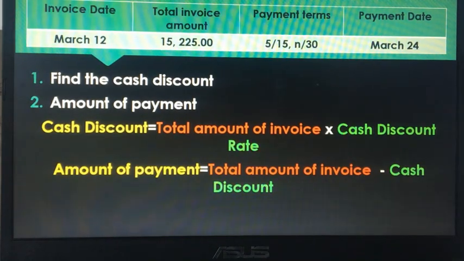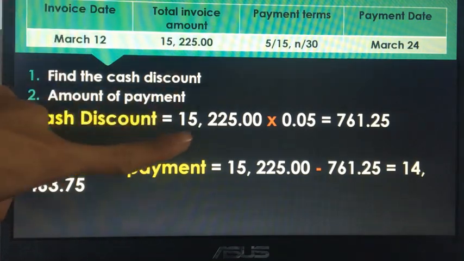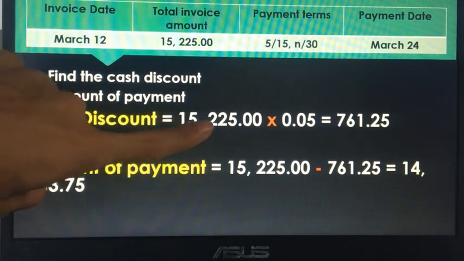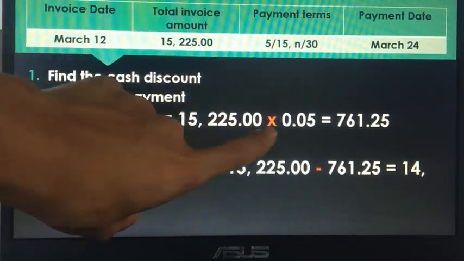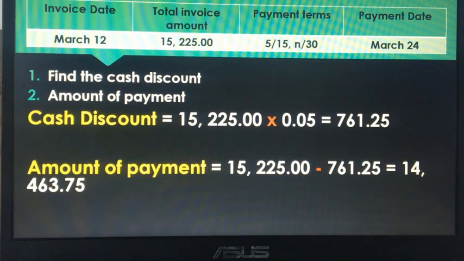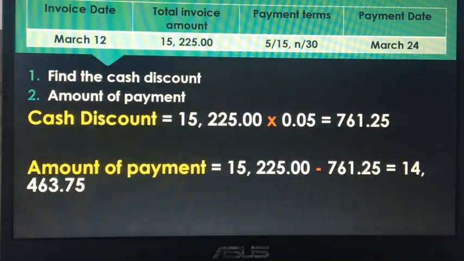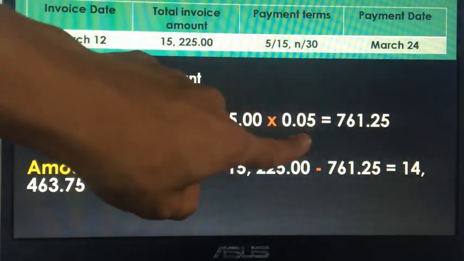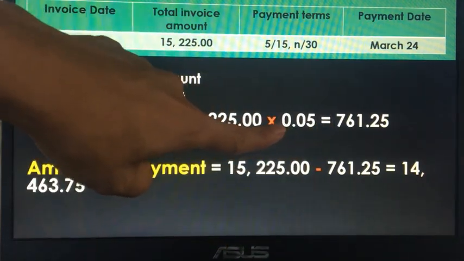So here is how we solve it. The cash discount is 15,225, the total invoice amount, multiplied by the cash discount rate. Since the buyer paid within the first 15 days, 5% is granted. Why do we put 0.05?